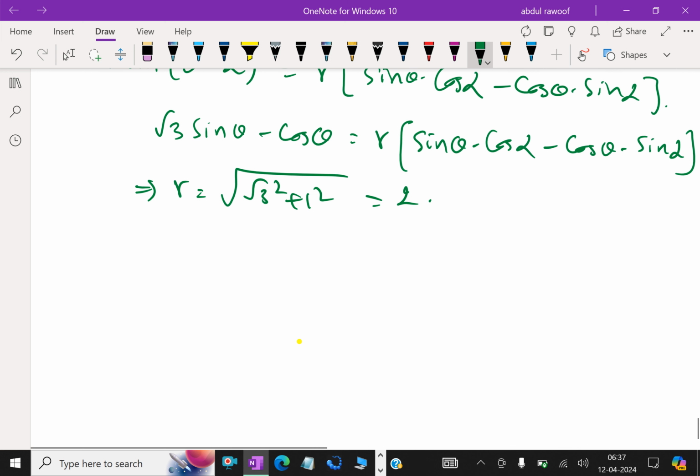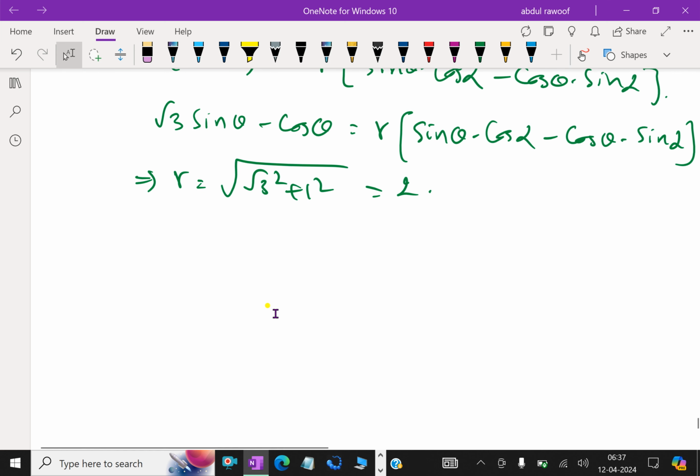And then here the coefficient of sin theta is root 3, which is R cos alpha. Here root 3 equals R cos alpha, where R is 2, and R sin alpha equals 1.